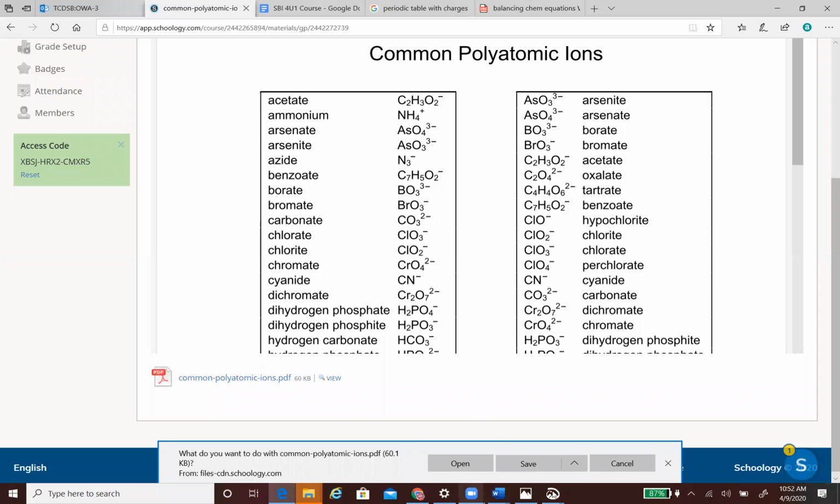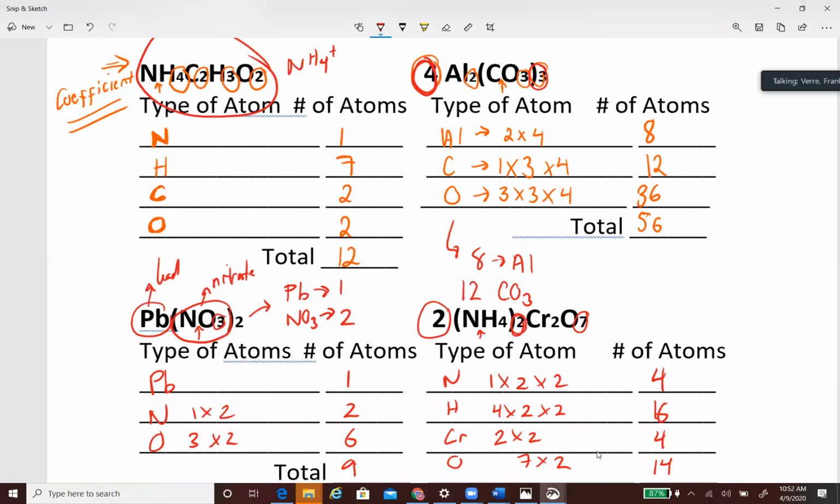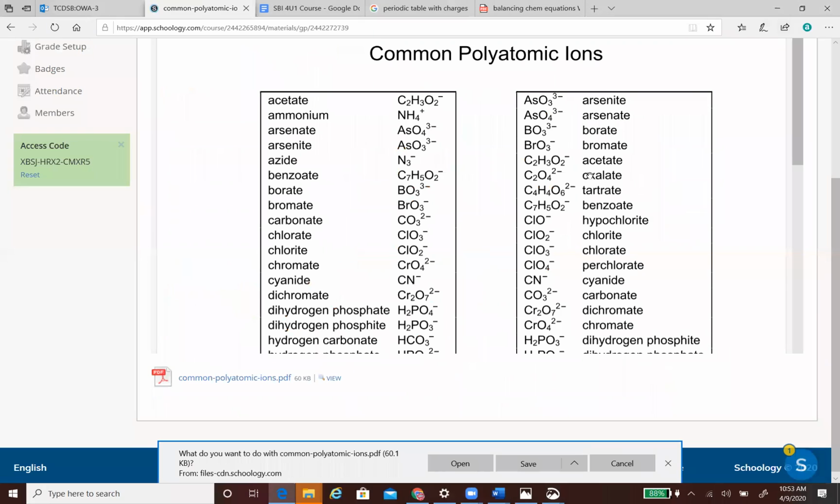So going back actually to this example over here, this can also be thought of as 2 polyatomics, where the NH4 is 1 and the C2H3O2 is actually a polyatomic on your list, which is right here, which you're probably not going to come across that often, but you can see it's right there, C2H3O2.